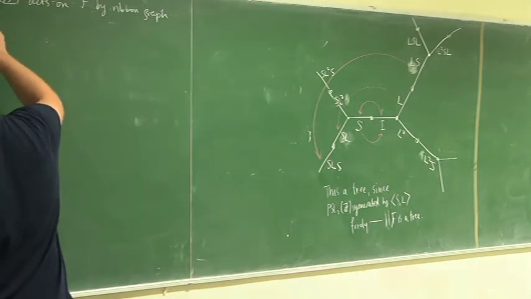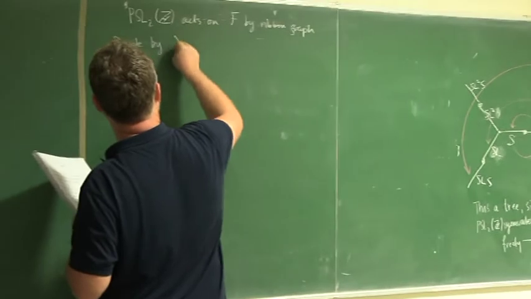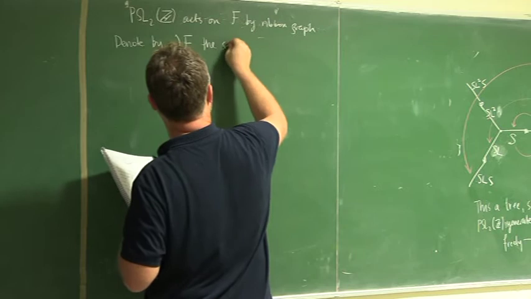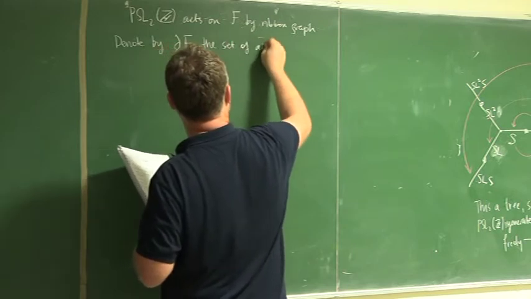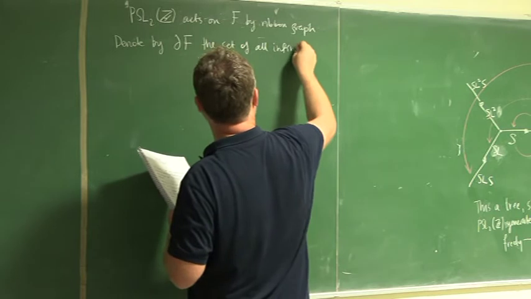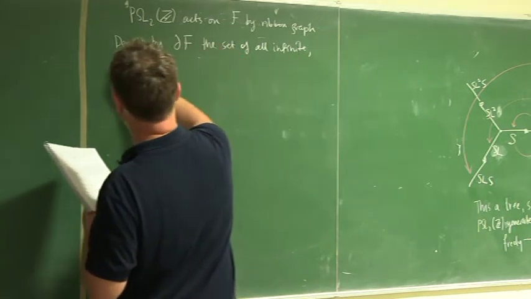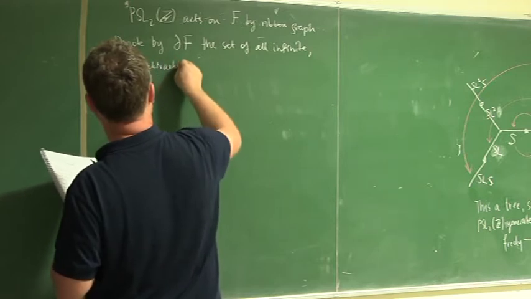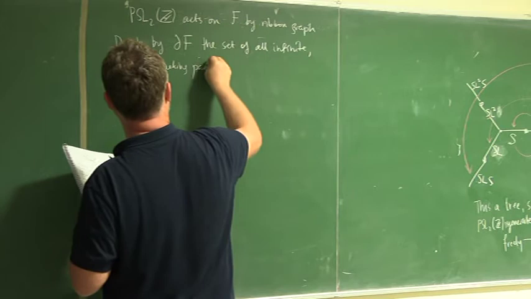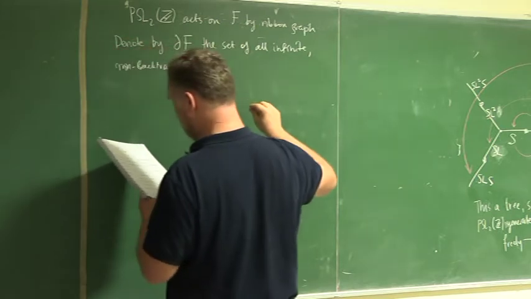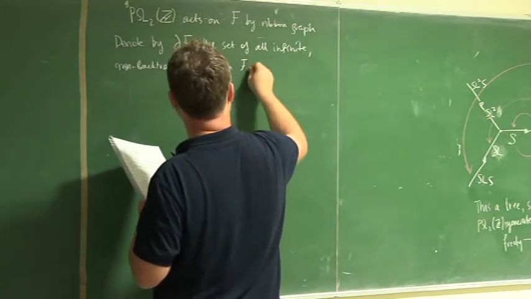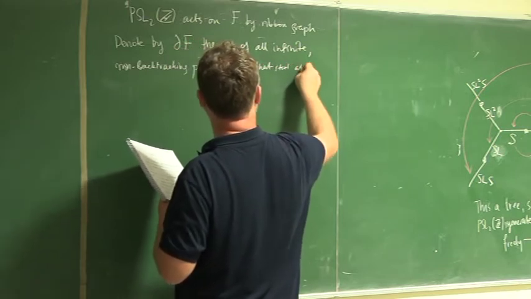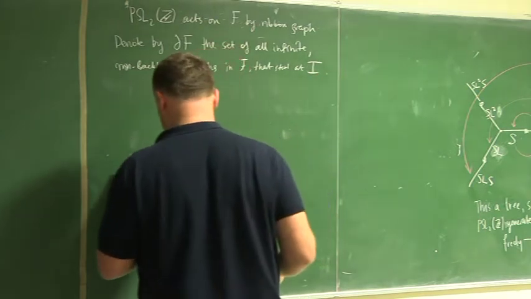Denote by ∂F the set of all infinite non-backtracking paths in F that start at the identity.